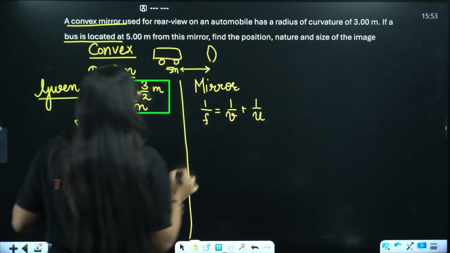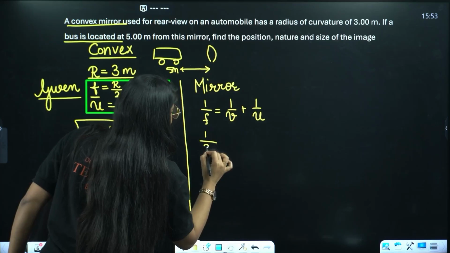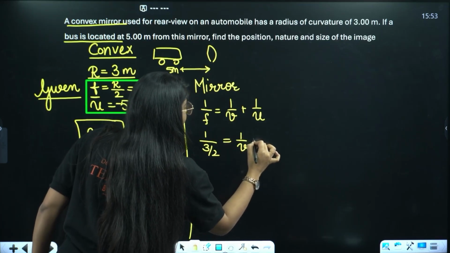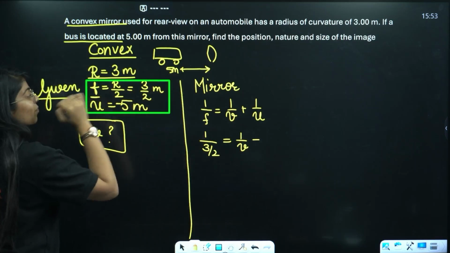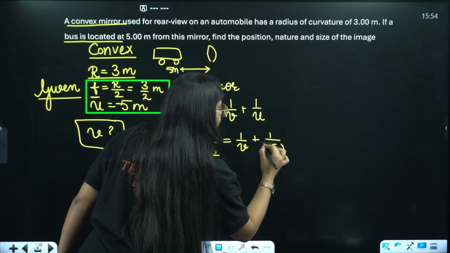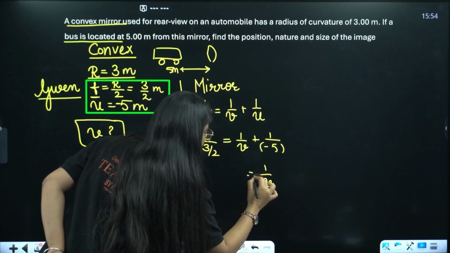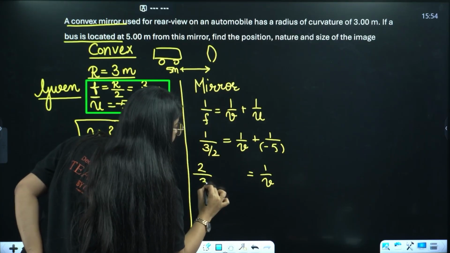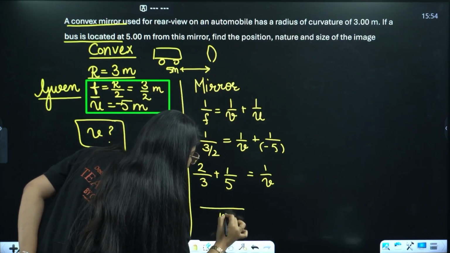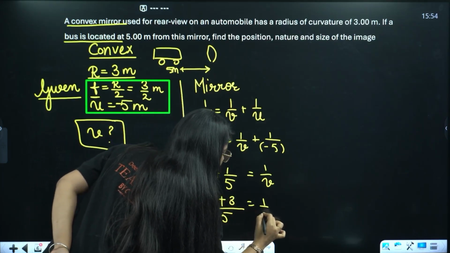Very easy. Now I have f, right? So I can just put 1/(3/2), correct? 1/v is what I have to find and 1/u is -5 meters. So I'll write -5 here, right? Just to find v now, we can directly find v. Easy calculation, right? Plus 1/5. Just take the LCM, it will be 15 and 10 plus 3 equals 1/v.